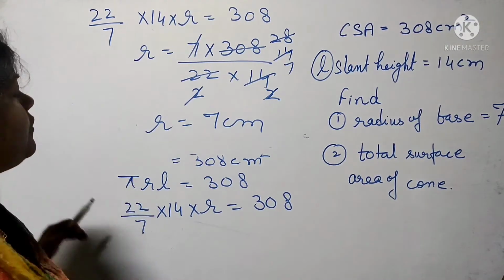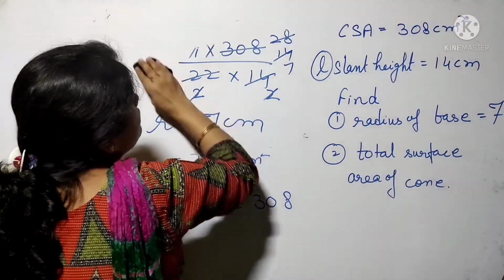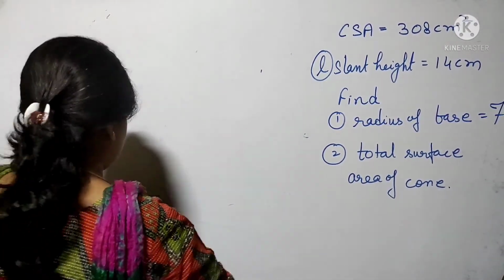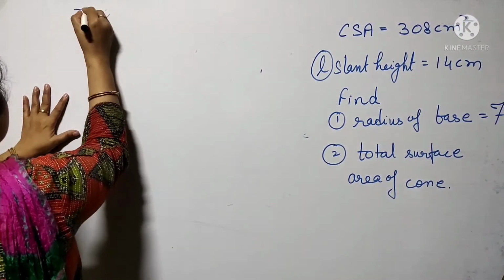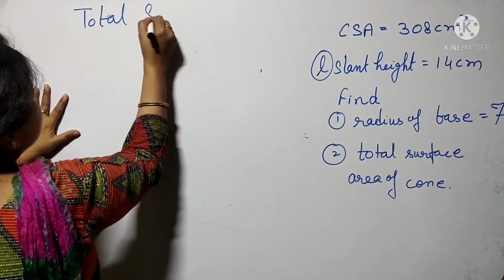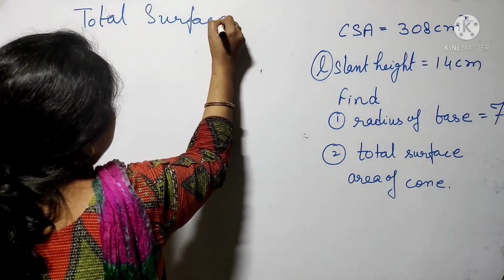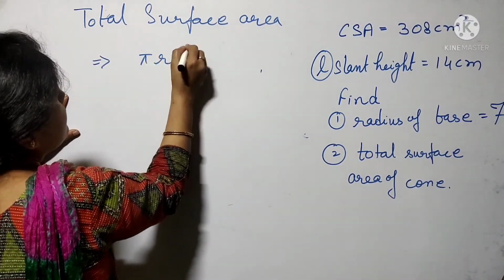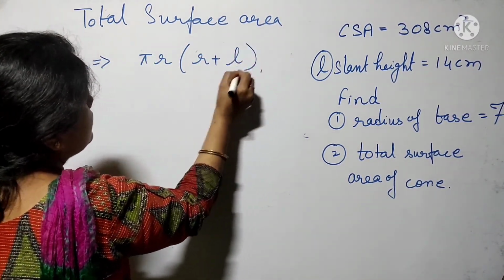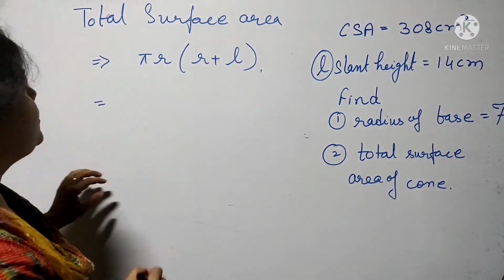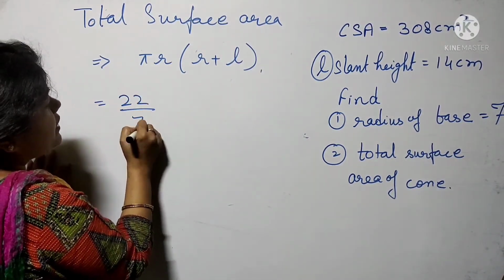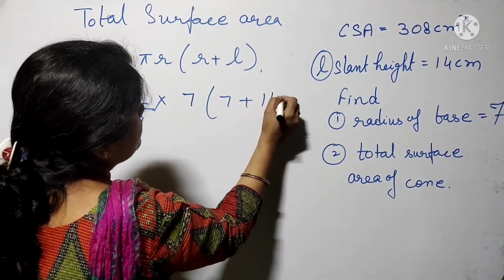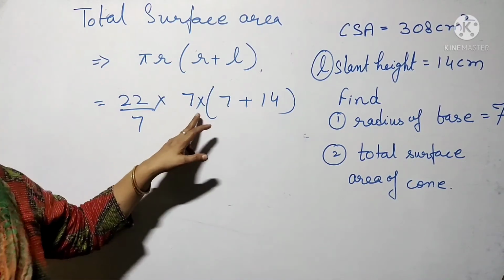Now the second part of the question, where we have to find the total surface area of the cone. What is the formula for the total surface area of the cone? It is equal to pi r into l plus r. Now we substitute the values: 22 upon 7, the value of the radius is 7, and now 7 plus 14, you have to put multiply here.